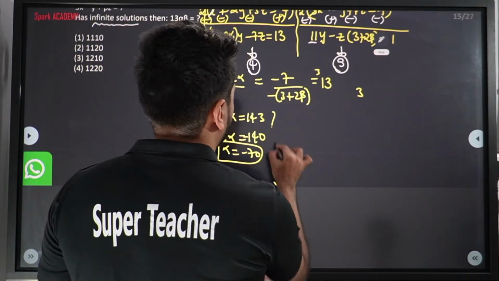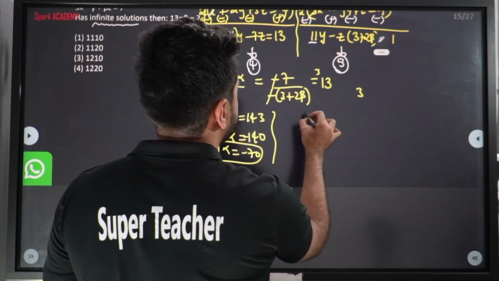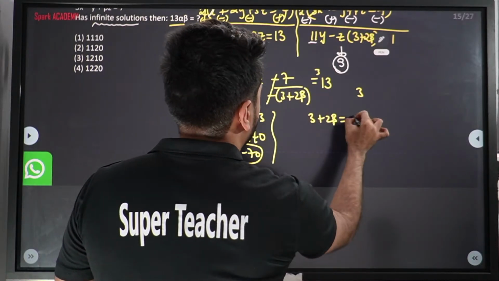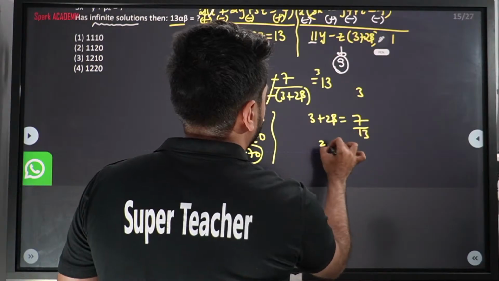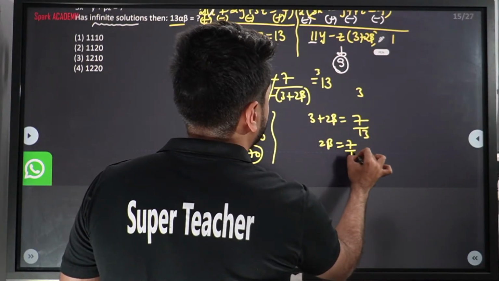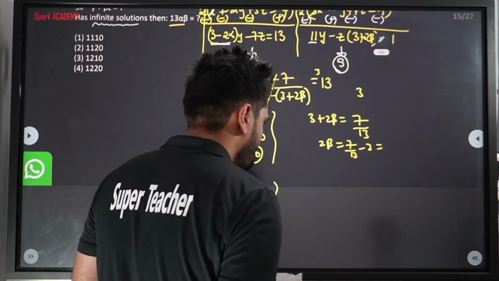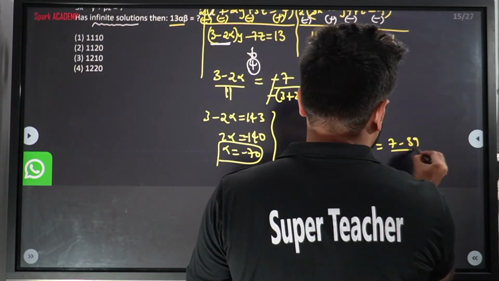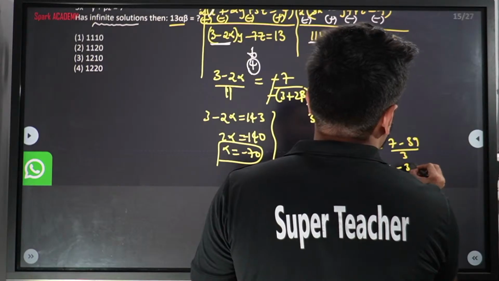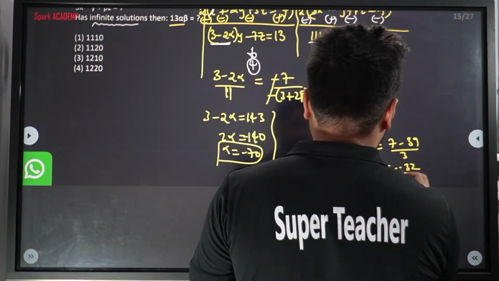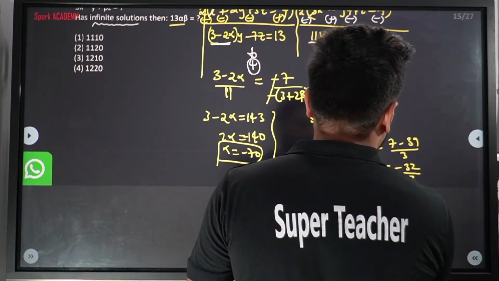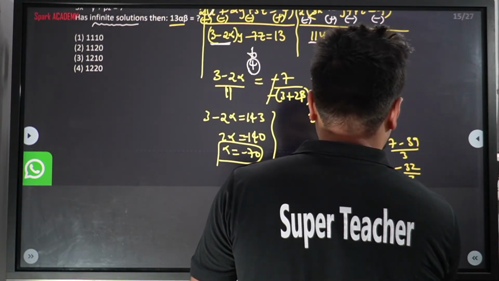Next, minus minus cancelled. 3 plus 2 beta equal to 7 by 13. 2 beta equal to 7 by 13 minus 3. So 7 minus 39 by 13, minus 32 by 13 basically is 2 beta. So beta is nothing but minus 16 by 13.